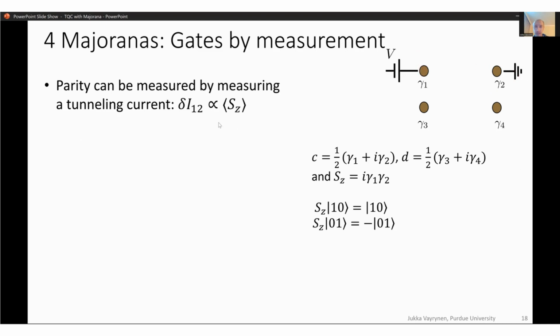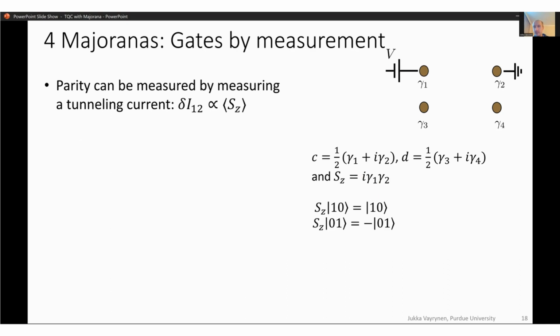It turns out that there's a part of that current that depends on the occupation, on this sigma Z, on this product I gamma 1 gamma 2.